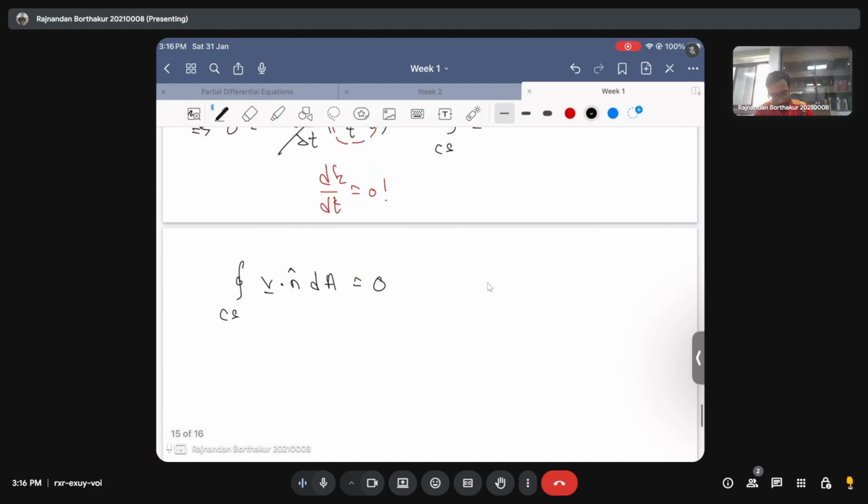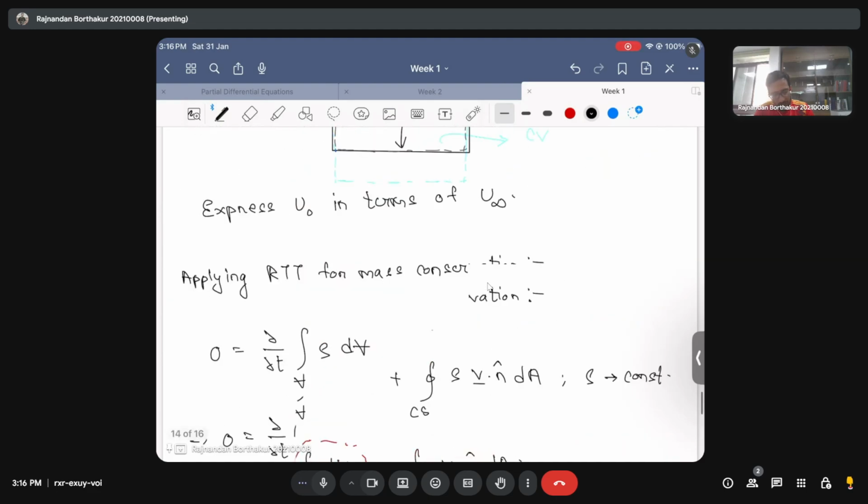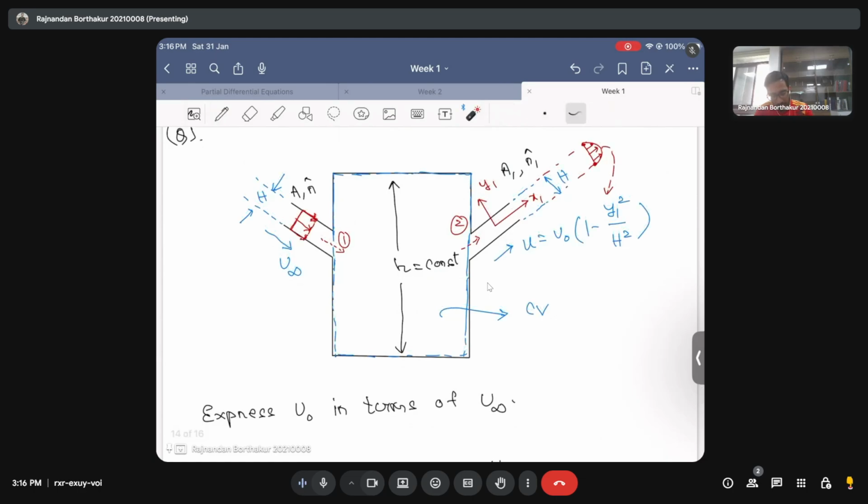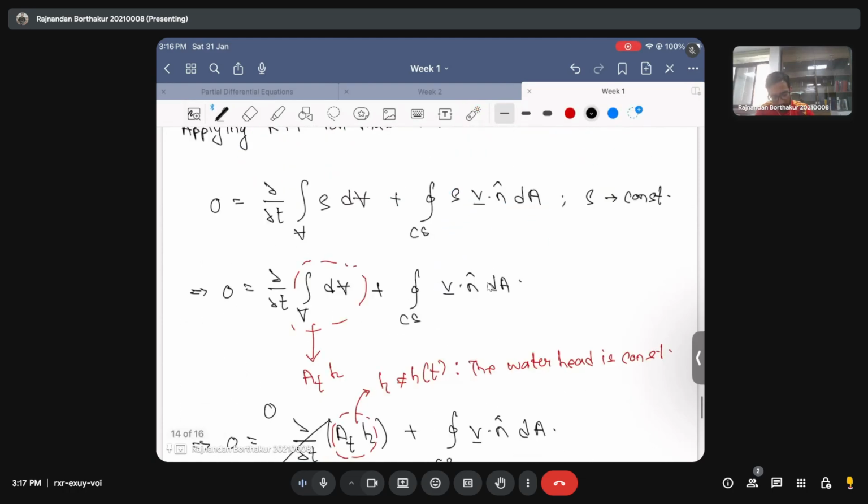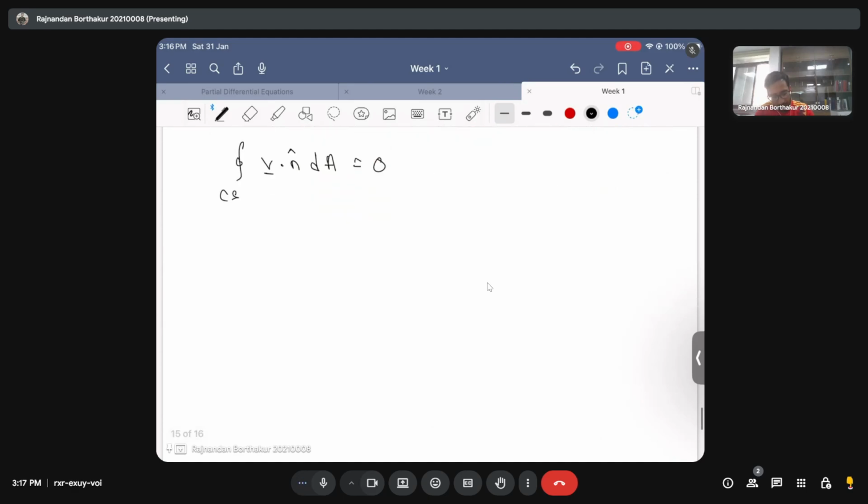Then let's evaluate this quantity at the two control surfaces. So we have one surface where there's a uniform flow of water coming inside the control surface. For the inlet, I'll draw it separately here. We have this inlet of this form, and this is typically what the control surface would look like.